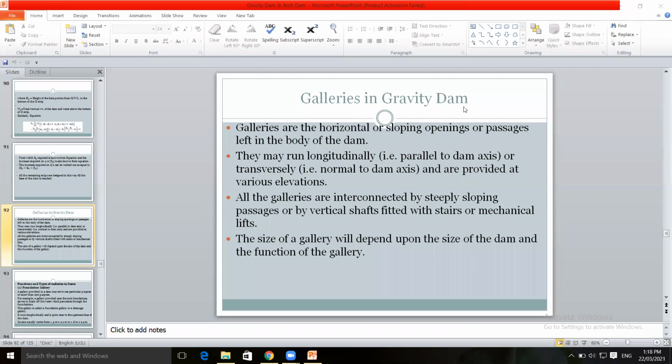This is the length of the dam. Along that length these galleries are provided longitudinally, and perpendicular to the length of the dam, that is, transversely, normal to the dam axis. These galleries are provided at various elevations.